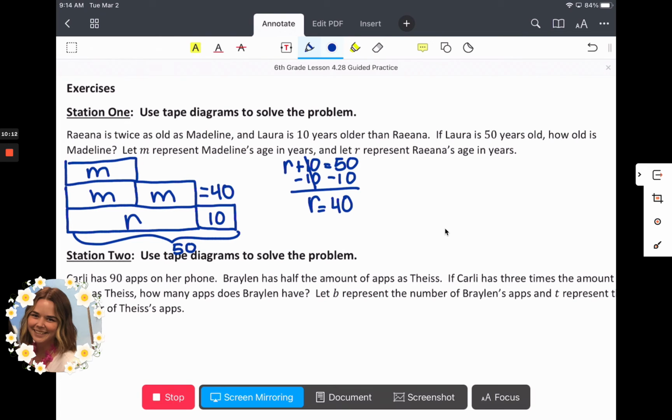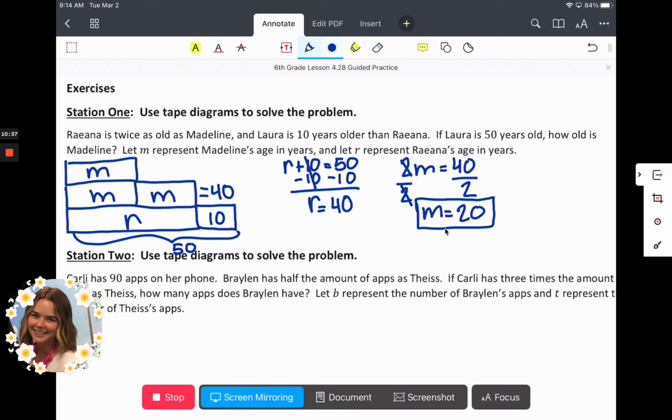So if Rihanna is twice as old as Madeline, we can use the equation 2m equals 40 to figure out how old Madeline is. Since we are multiplying, we'll have to divide to isolate our variable. We're left with m equals 20.